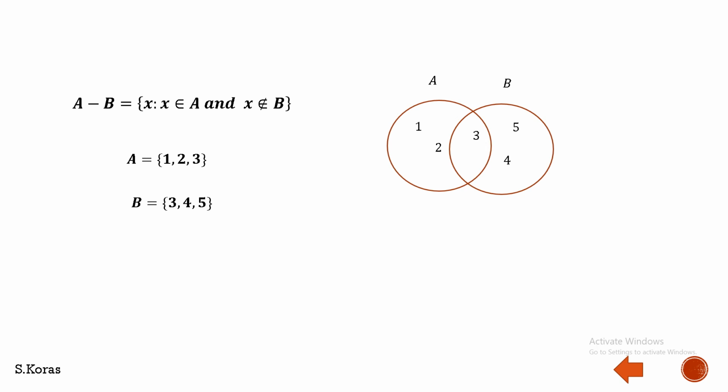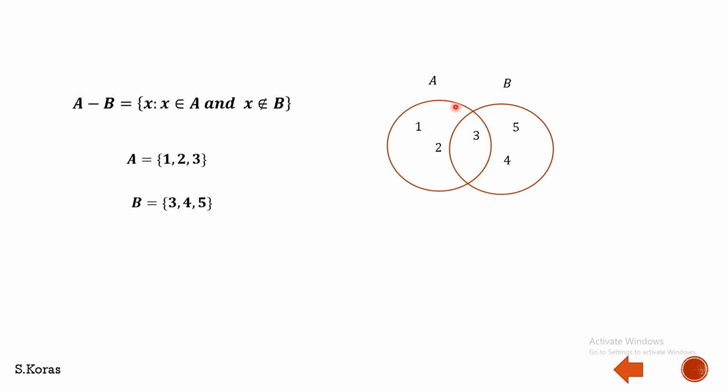Right. That's good. Now, what do you mean by A difference B? A difference B says you can write the elements whatever is in A. So we can write the elements in A, that is 1, 2, 3. We can write it.